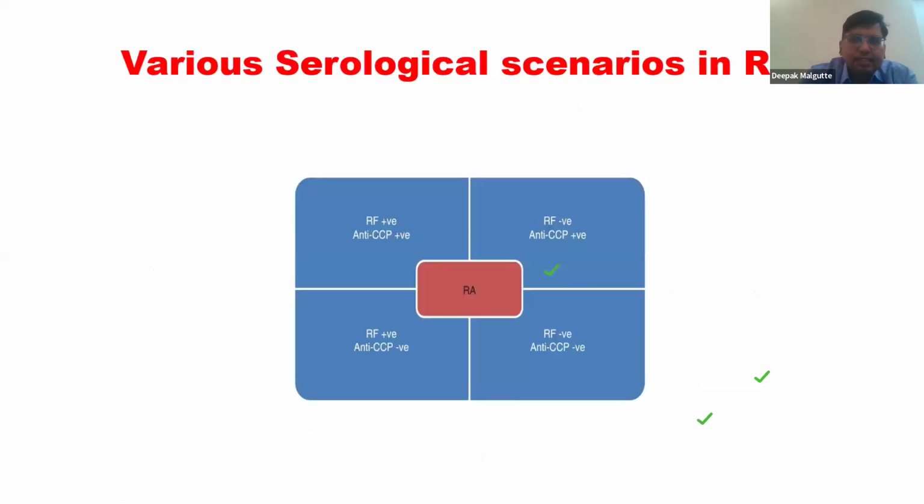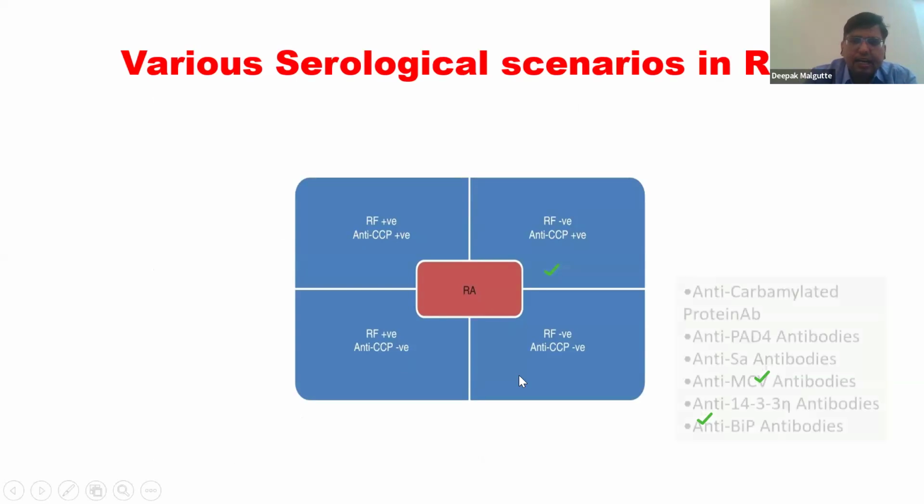The various serological scenarios we see in our patients are that the rheumatoid arthritis patient is either positive for both, or positive for either RA factor or anti-CCP, and sometimes negative for both, that is seronegative rheumatoid arthritis.